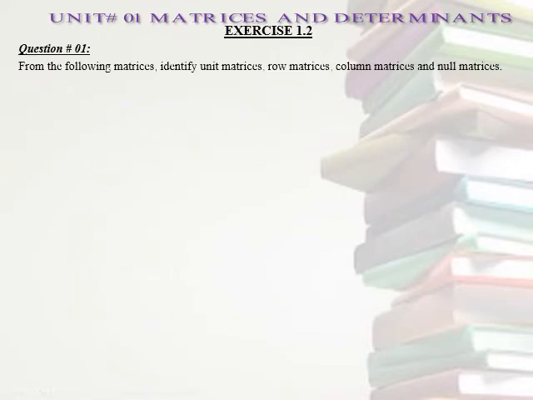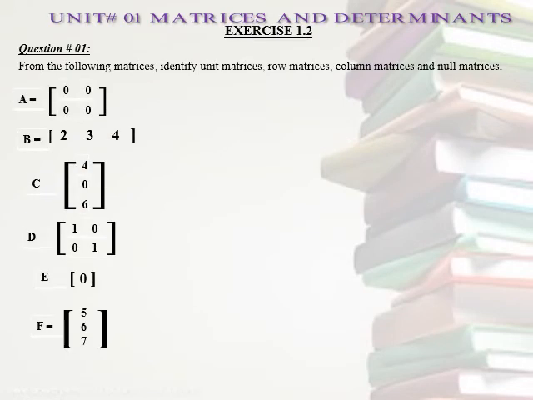Now here is question number 1 of exercise 1.2. Question is, from the following matrices, identify unit matrices, row matrices, column matrices, and null matrices. These are the matrices given in your exercise. Let's see the answers.